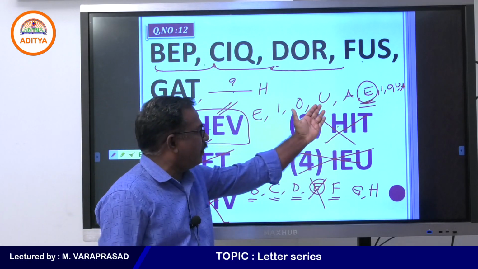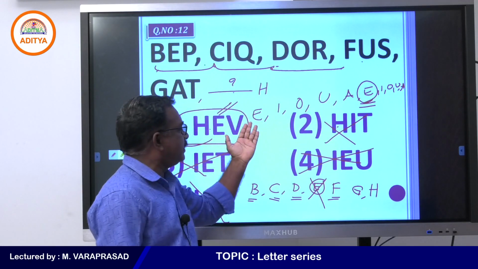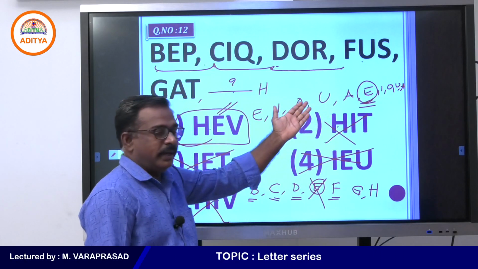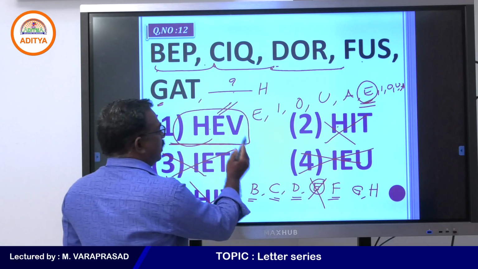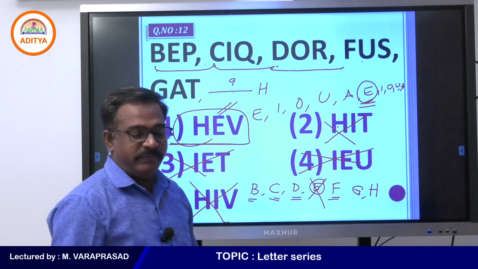All five vowels are written, and the continuation repeats E, I, O, U, A, so the answer is H, E, V.